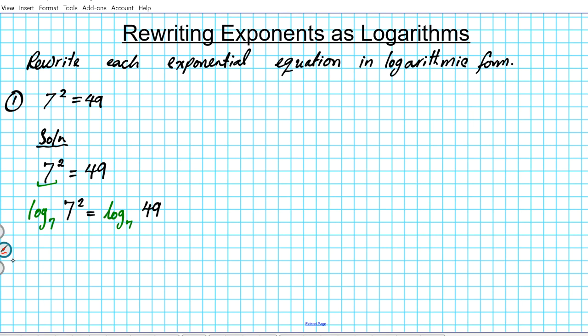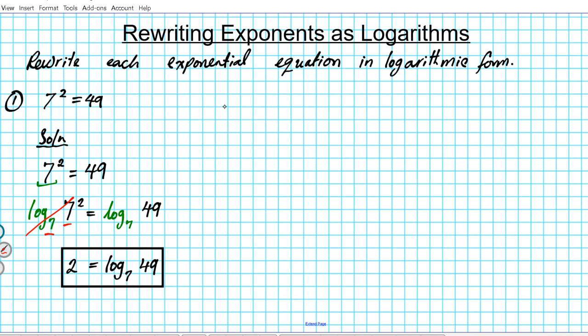On the left side, since the base of your log and exponents are identical, guess what? They cancel each other out. Alrighty, and we'll have the final answer 2, just bring down the exponent, equals log base 7 of 49. So this is the equivalent logarithmic form of the original exponential equation.